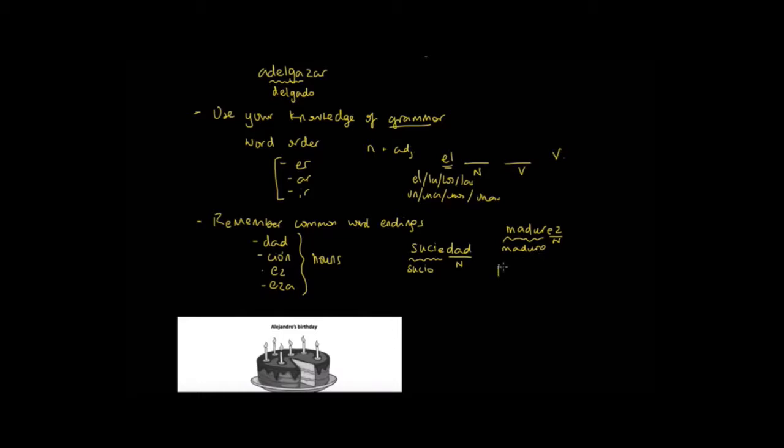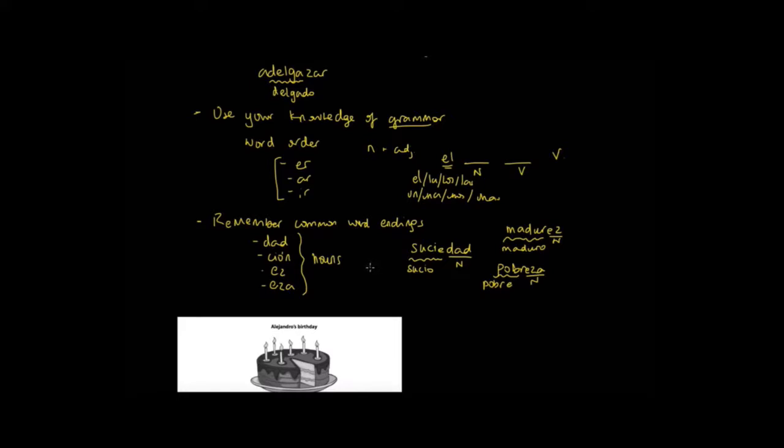Another example: pobreza ends in eza, so it's likely to be a noun, and the adjective pobre means poor. So pobreza is going to be poverty. So do use this knowledge of grammar combined with word endings to work out things that you didn't know at first.